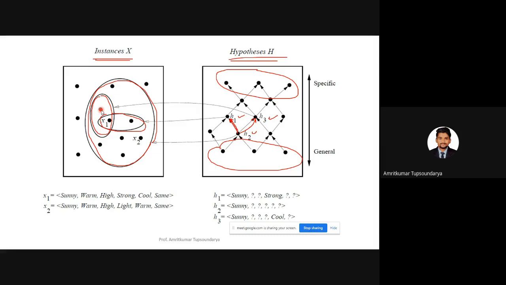So algorithms like Find-S can take advantage of this partial ordering to efficiently organize the search for the hypothesis, right? To efficiently organize the search for the hypothesis that can fit the training data.